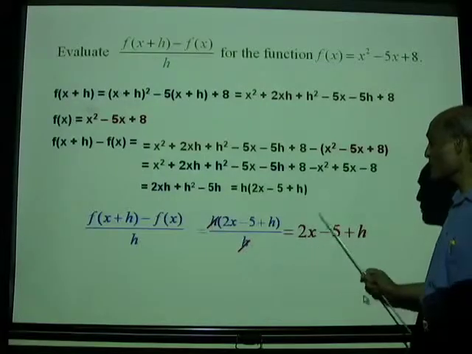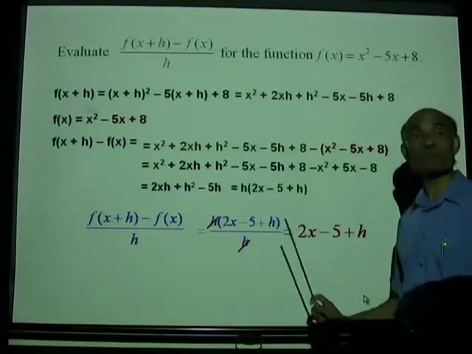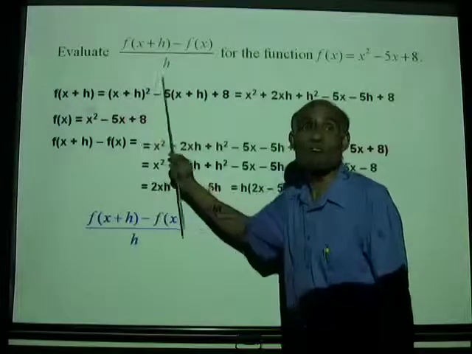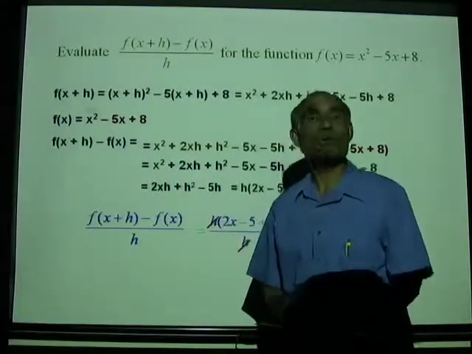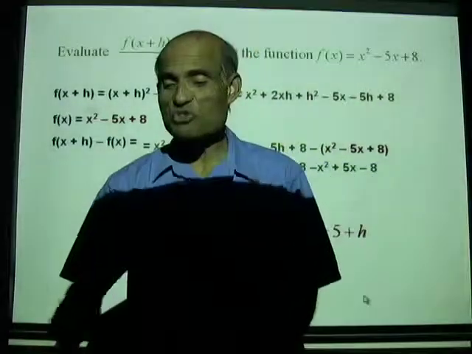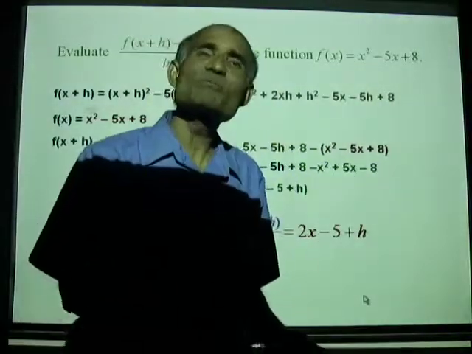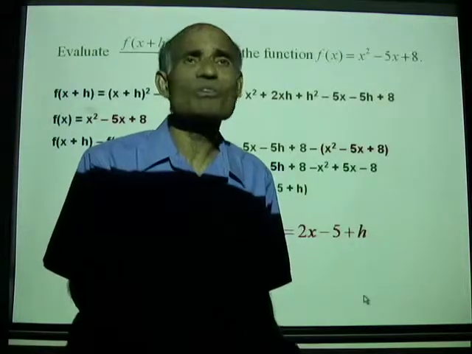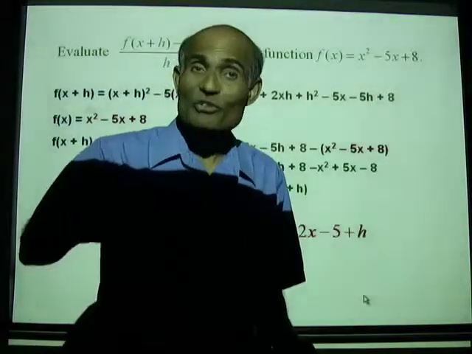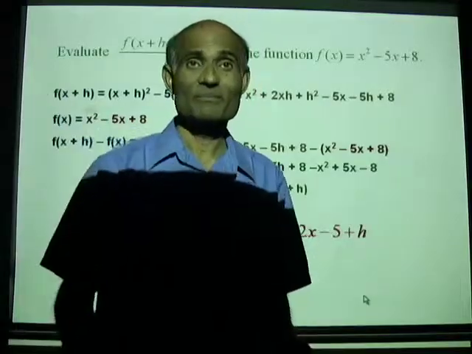And actually, this is the average rate of change of this function when the input changes by a small quantity called h. You must be familiar with doing these kinds of problems because it is very important in calculus, which will be your next course, I think.